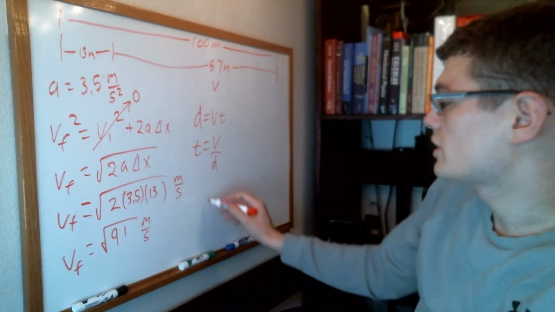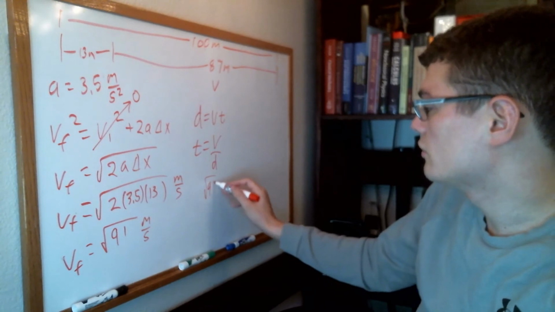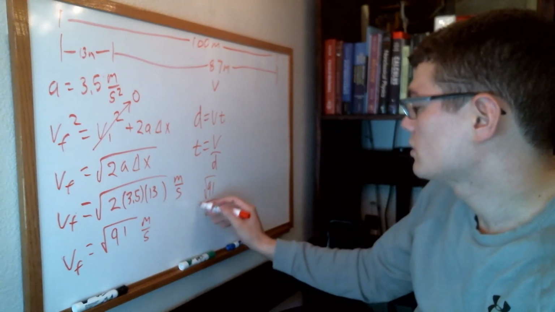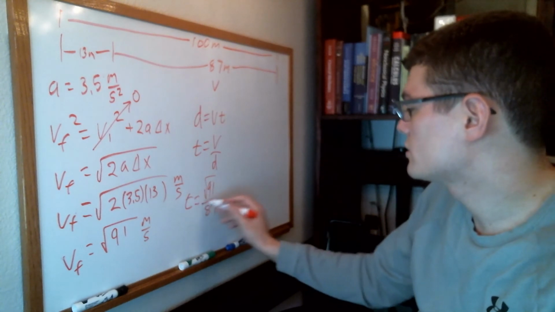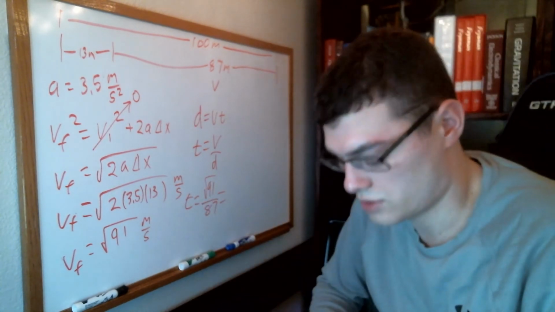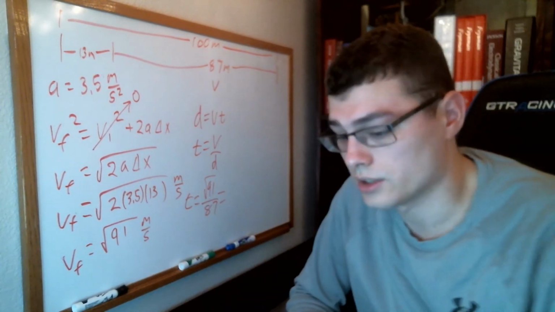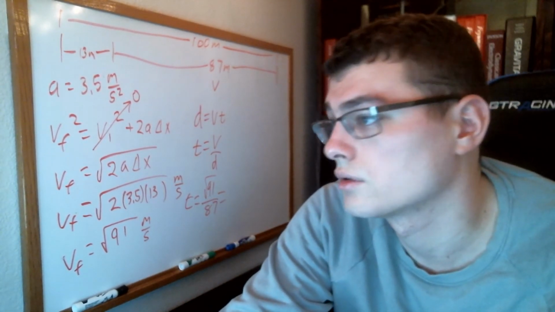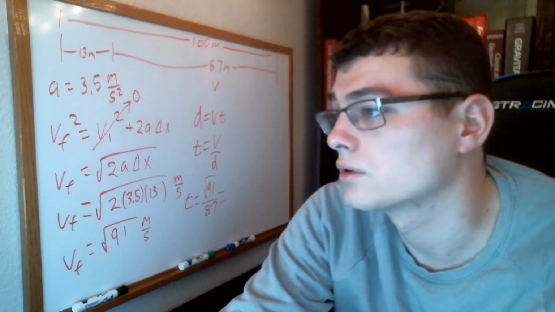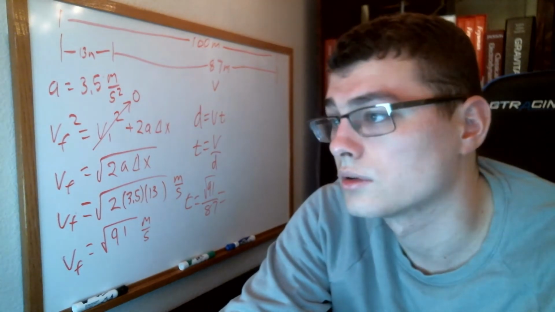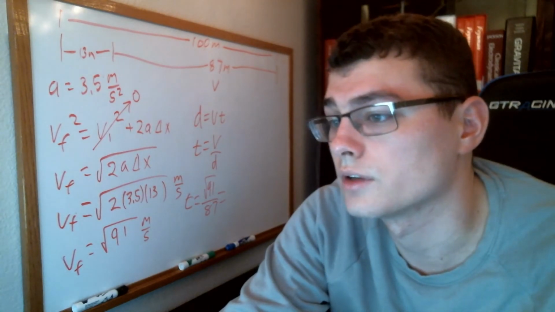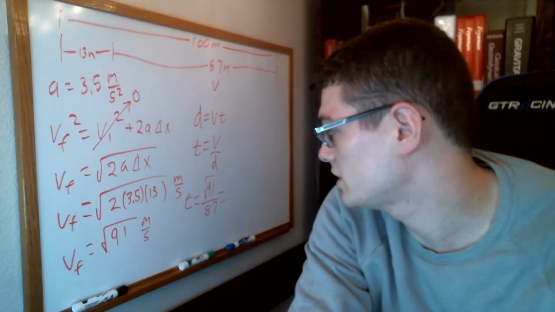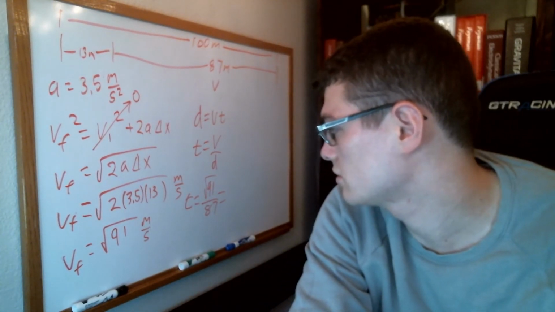So then we just have the square root of 91 over 87, and t is going to be equal to that. This is going to give you somewhere around maybe 10 seconds, right?